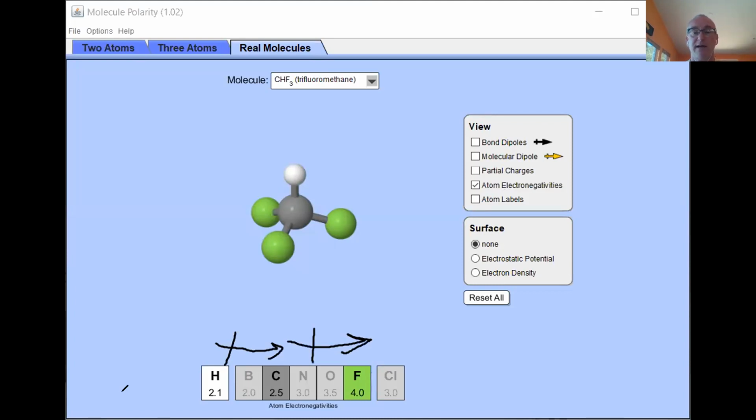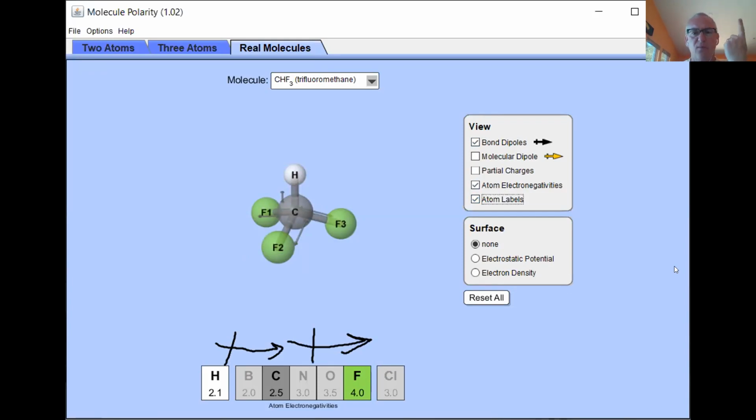So let's look at the bond dipoles. So basically we have three bond dipoles all pointing towards the green fluorines. So let's just label the fluorines so you can see them. So we have F1, F2, F3, the three fluorines. And you can see that those bond dipoles are pointing toward the fluorine.